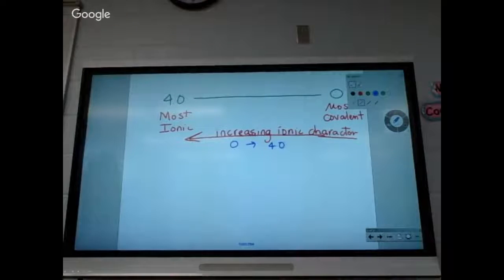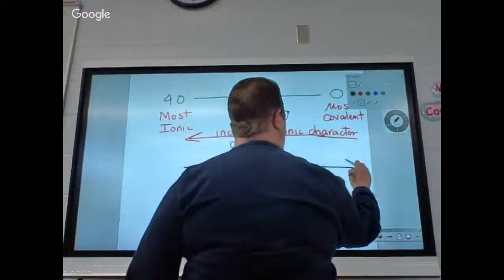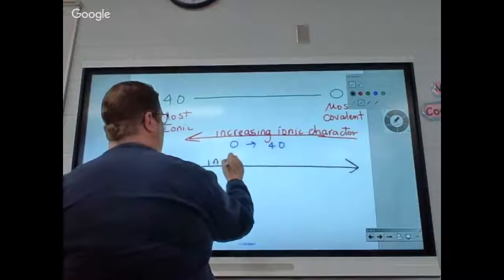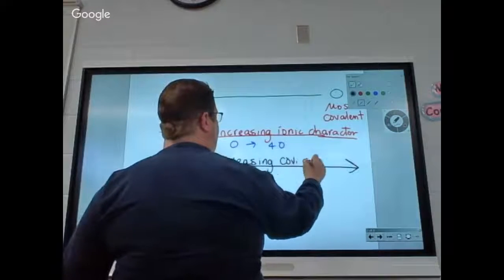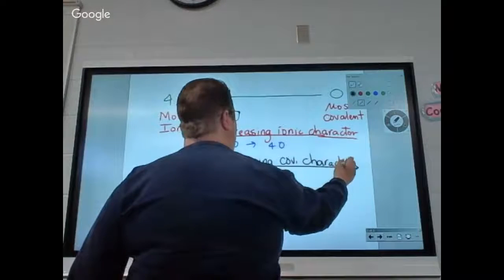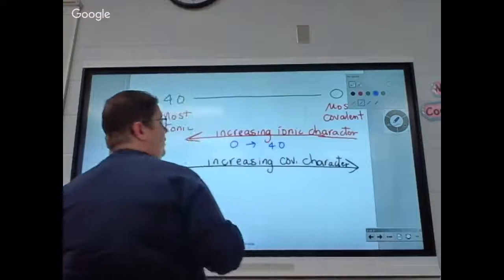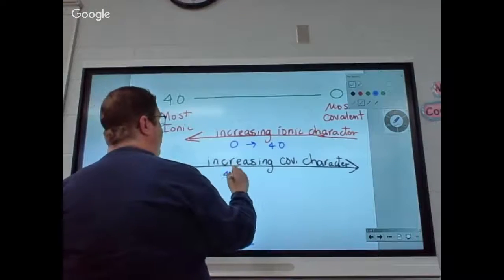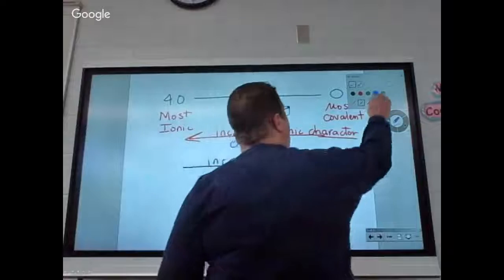Now, do I always have to ask for increasing ionic character? What if I said increasing covalent character? Which way would I go? Towards 0. All right. And if you don't think you remember this, put it in your notes. If I said increasing covalent character, we're going to go towards most covalent. So I would go from what number to what number? From 4 to 0. Now, who am I not going to use at all if I do this?